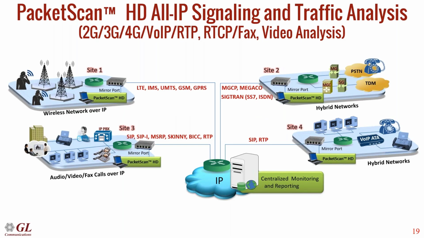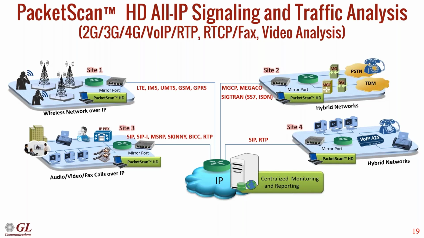So PacketScan is very versatile. It can cover a lot of different protocols. You can see some of the listings right here. So wireless networks, it can decode wireless protocols like LTE, IMS, UMTS, and so forth.